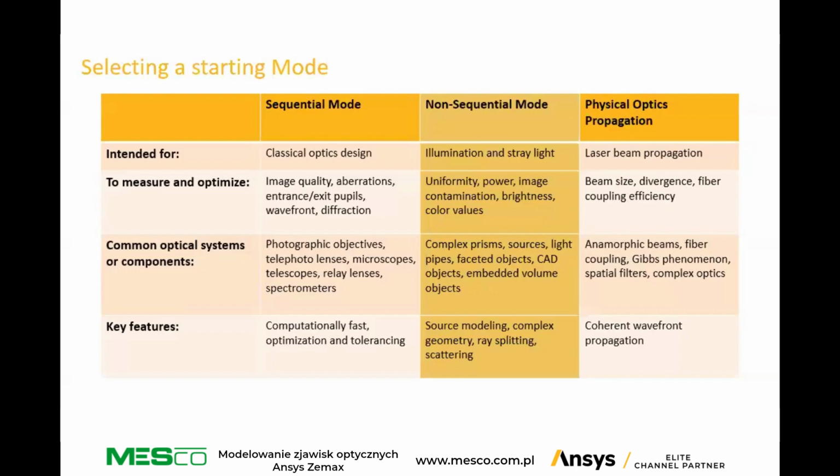And non-sequential mode is intended for illumination and stray light because you can measure and optimize the power that you have in your image, the brightness, the uniformity, any noise that you have there, and so on. So it's more for light pipes or wavelength sources, if you have CAD objects, and so on.